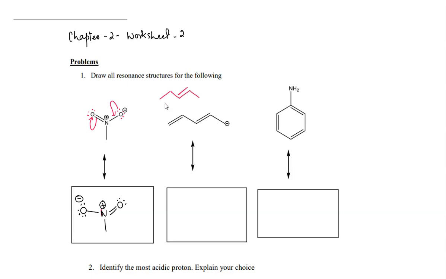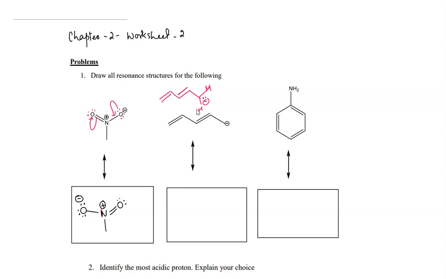So we have the double bonds here, and then this carbon atom actually has a hydrogen here and a hydrogen here, and then a lone pair of electrons too. That's how the structure is. So we are allowed to move a pair of electrons from a lone pair or from pi bonds, but you are not allowed to move atoms in a resonance structure.